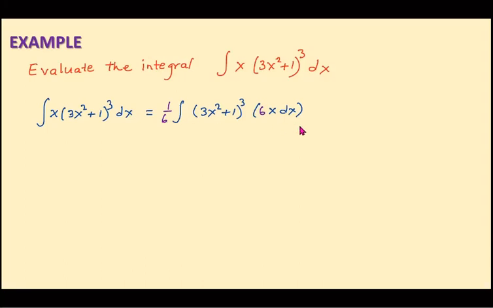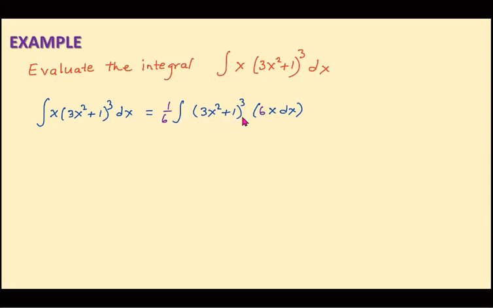But by doing that, here is the composite function where the inside function is 3x squared plus 1. And the derivative of that inside function is 6x, which is here. So if the derivative of the inside of the composite function is within the integrand of the given function, like this one, then we can use U substitution, where U is this inside function.